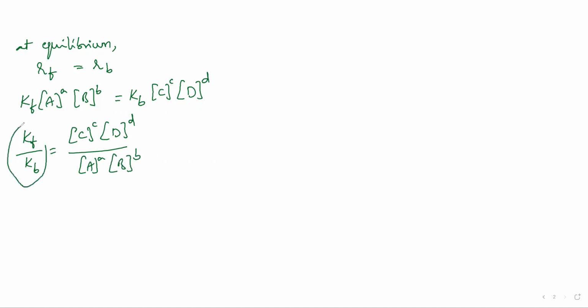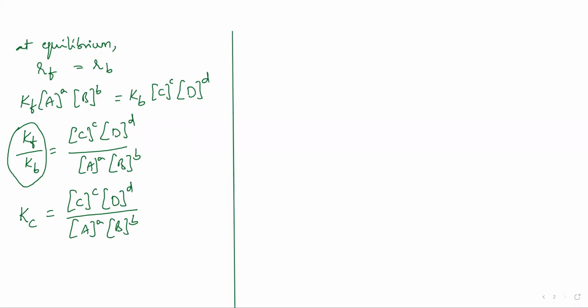Now the ratio of Kf by Kb, that is what we call equilibrium constant Kc, with respect to concentrations. So Kc equals C power c, D power d by A power a, B power b. So this is equilibrium constant with respect to concentration.